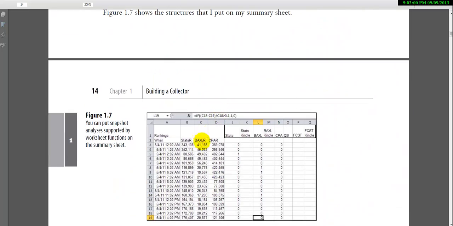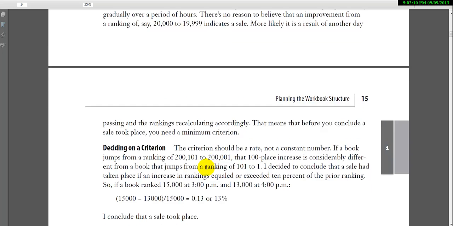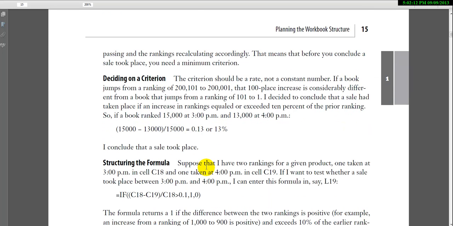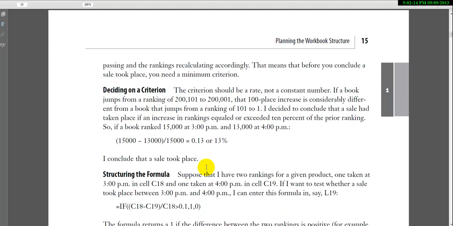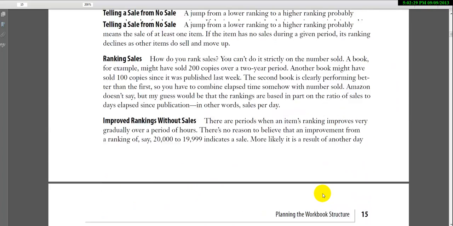So here's a ranking C18 and C19, right? So what do we want to see? We want to see what the difference was, but we want the percentage difference. If I want to test whether a sale took place between these two times, I can use this formula. And I'll put it in L19.